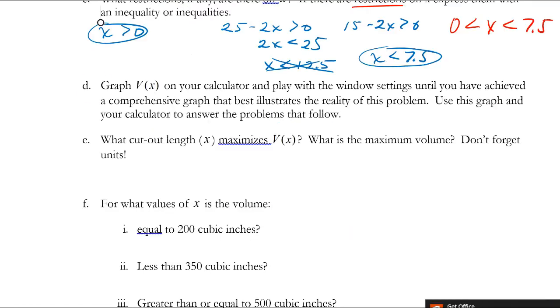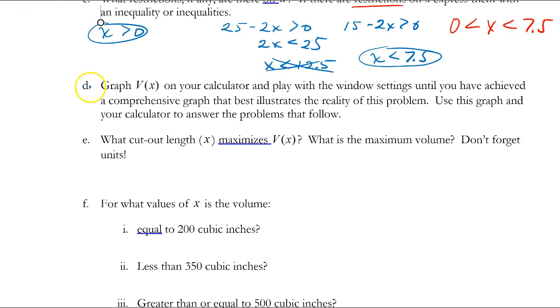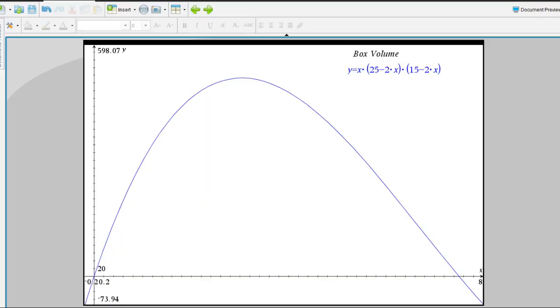Now the next part of our analysis is to graph this. We're going to graph on our calculators, or as I will, on TI-Nspire on my software. So here's the box volume function, y equals x times 25 minus 2x times 15 minus 2x.